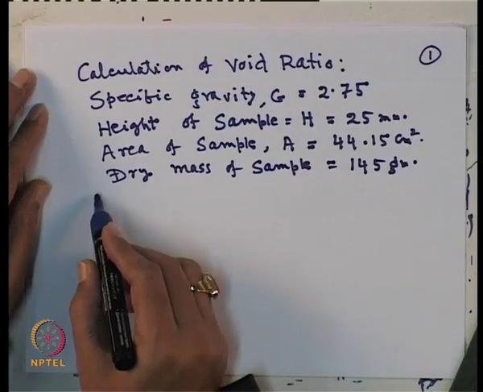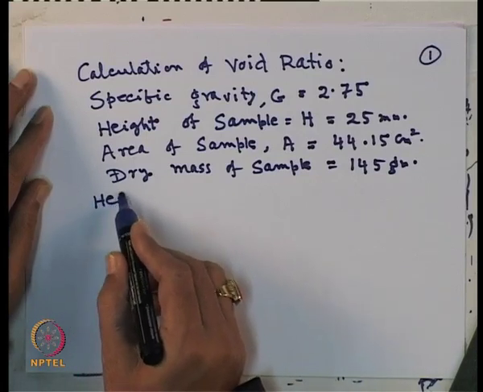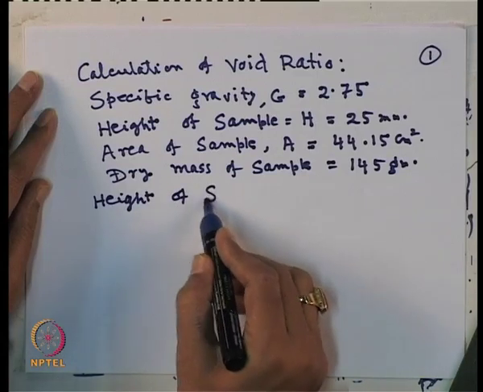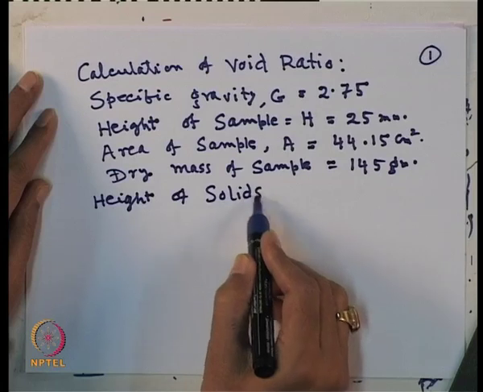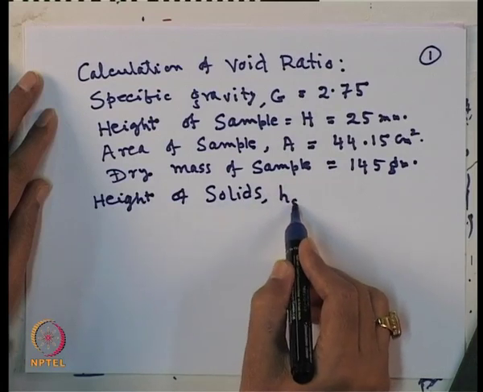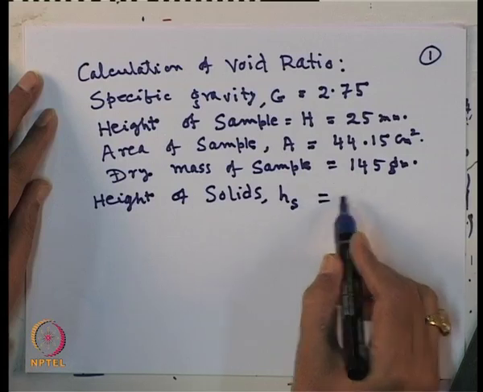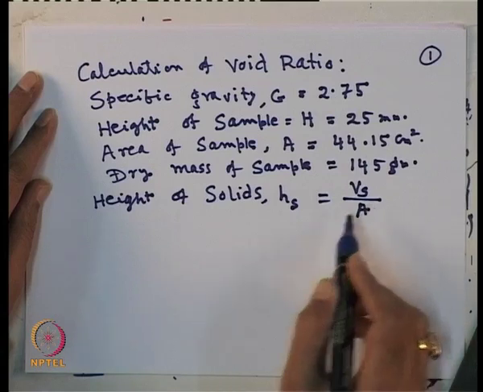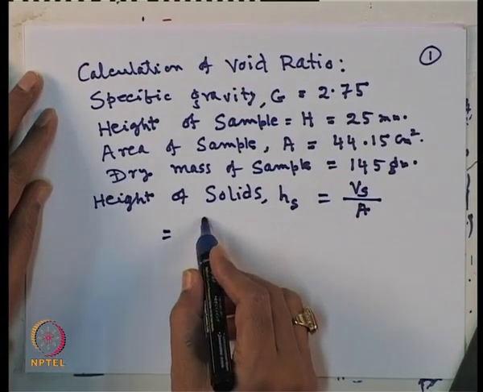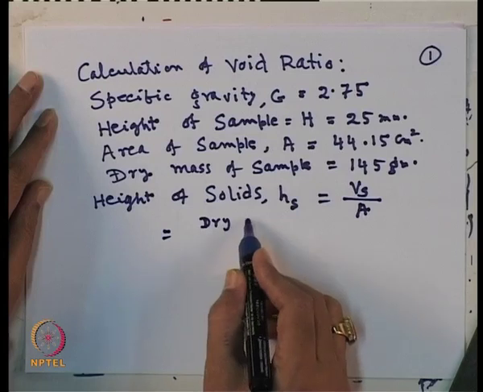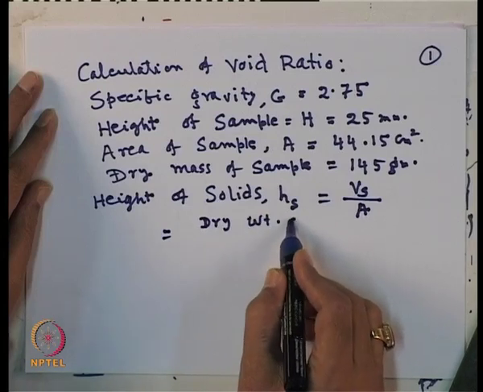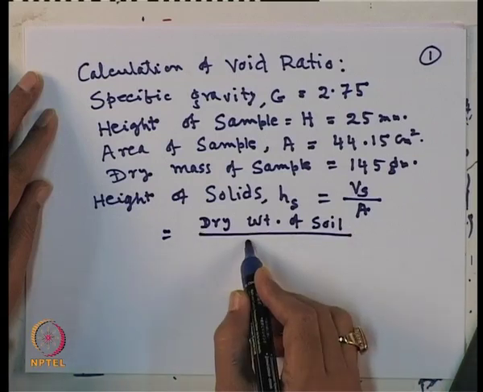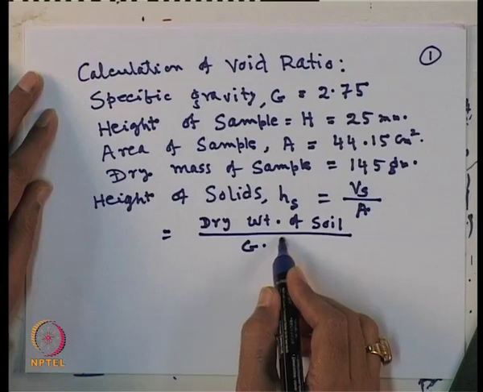Then you can calculate the height of solid, which is designated as H_s, and that is equal to V_s divided by A. That means this is dry weight of soil divided by G into A.